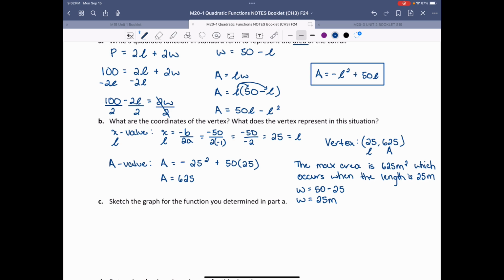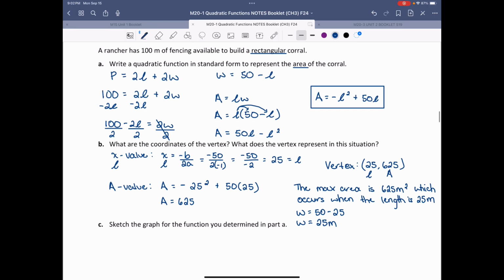My window is really funky, so it kind of looks like a straight line right now. It is not a straight line. I want to fix my window, so I'm going to go F3 for window. I already know my vertex: the length is 25 and the area is 625. For the x value, I don't care about negatives because it can't have a negative length, so I'm going to keep that -1 for my x min.